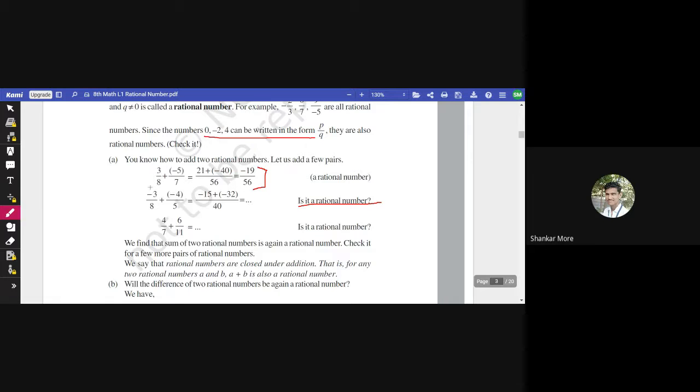So see, here we have two rational numbers, right? And we are just adding them. So 5 multiplied by -3 is -15. 8 multiplied by -4 is -32, and divide by 40. 8 5s are 40. Okay, now we have to add this. Very simple. Nothing difficult in it, is it?